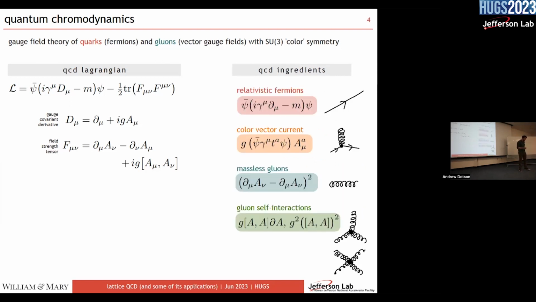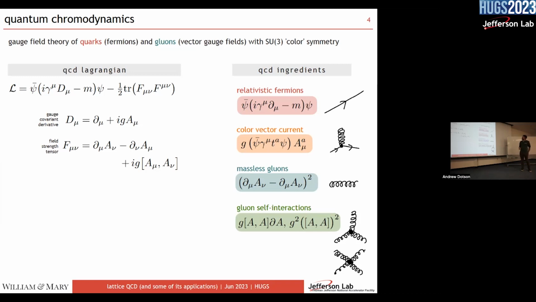But let's just think about what the content is, what the basic ingredients are of a theory like this. Well, this first term can be split up into two pieces. One is the Dirac equation. So this is describing the motion of relativistic spin half particles and antiparticles of mass m.